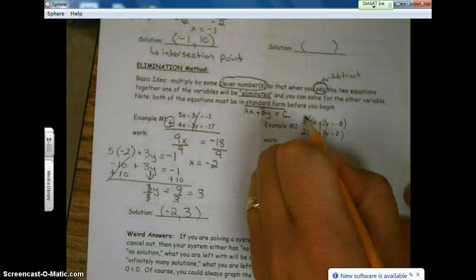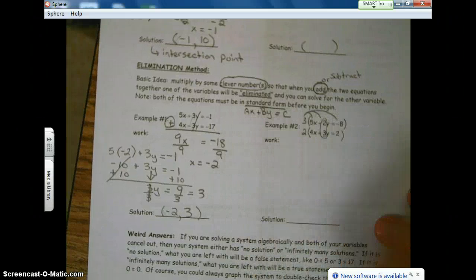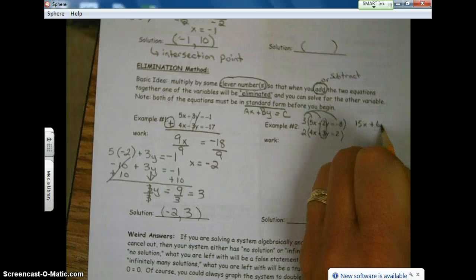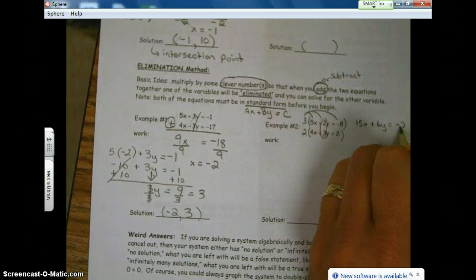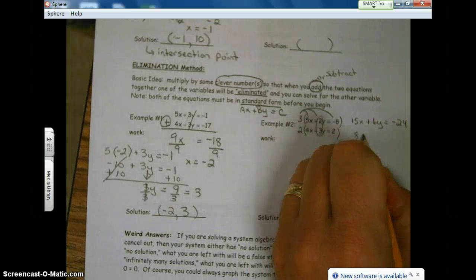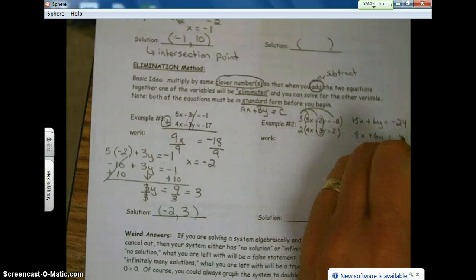So my new equation, so multiplying through, you distribute the 3 onto everything. So we have 15x plus 6y equals -24. Next one, 8x plus 6y equals 4.